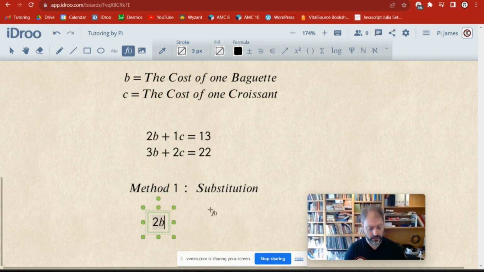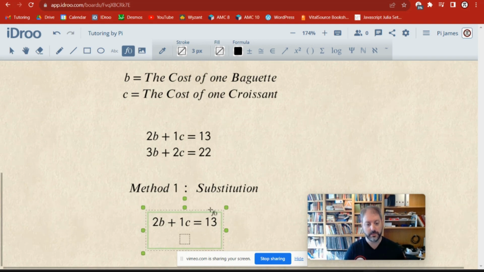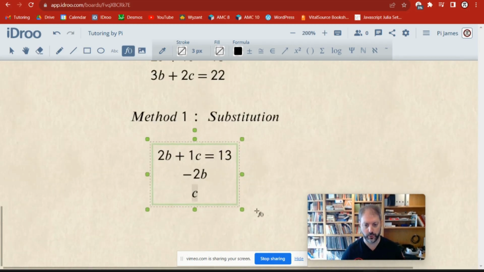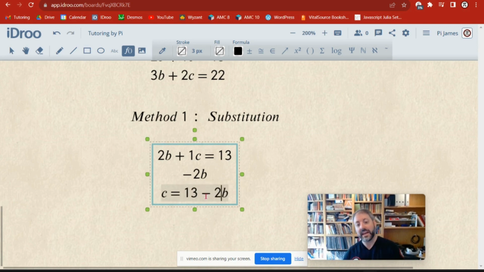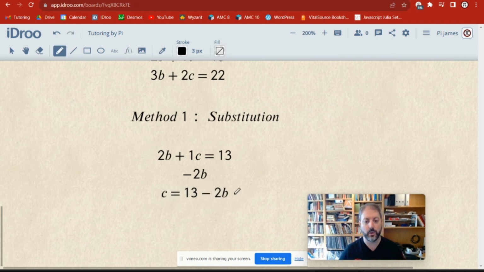So we take 2B plus 1C equals 13. We solve for C by subtracting 2B from both sides, and we get C equals 13 minus 2B. Now we take that and we put it into the second equation where C would be.